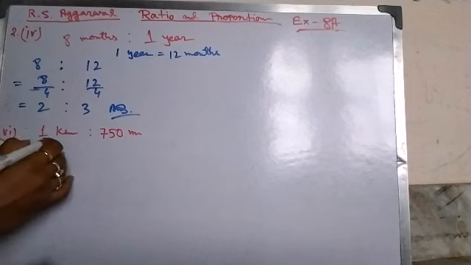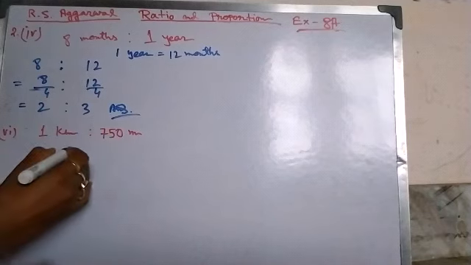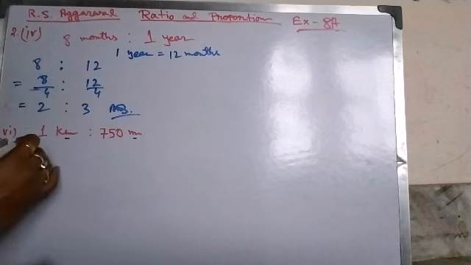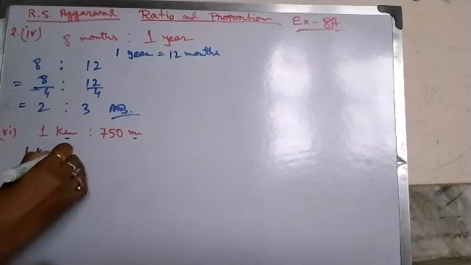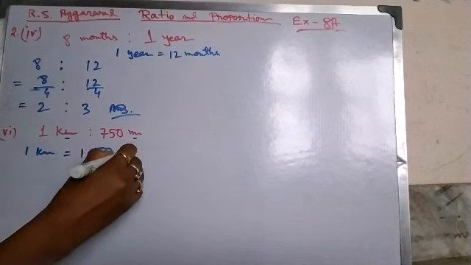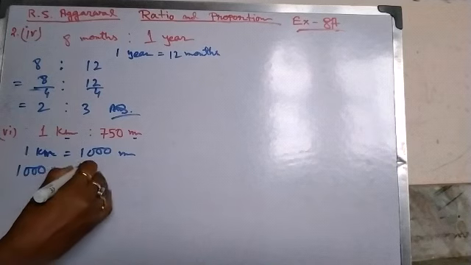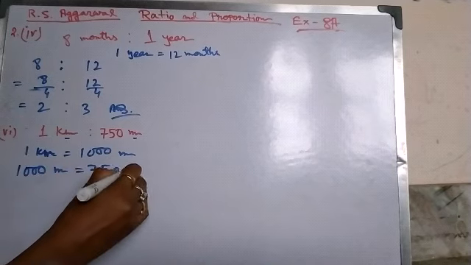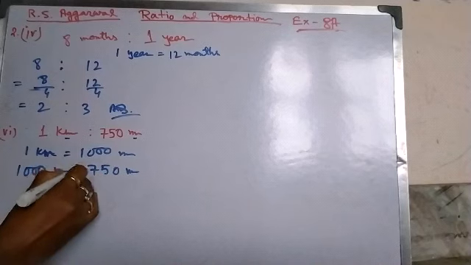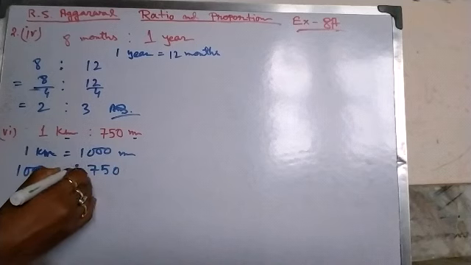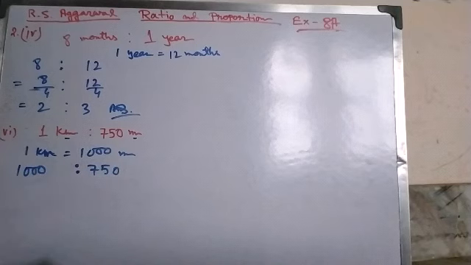Now number 6, 1 kilometer and here is 750 meter. So here is meter and here is kilometer. So we have to make it in the same unit. That is 1 km equal to 1000 meter. So 1000 meter equal to 750, not fractional sign, and here no need to give unit. Your ratio sign, 1000 is to 750.